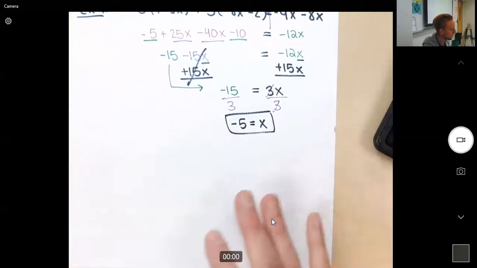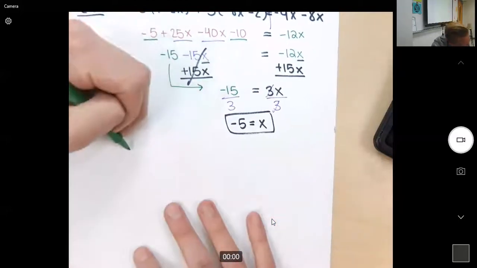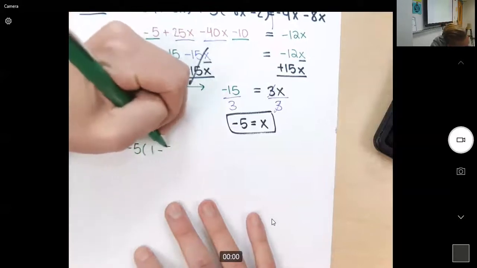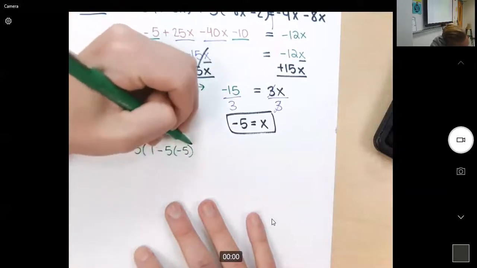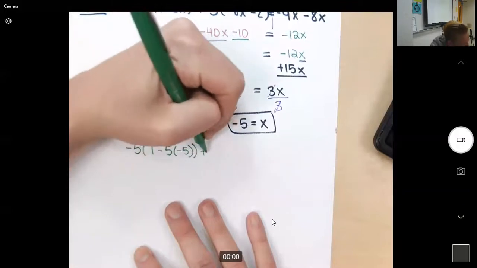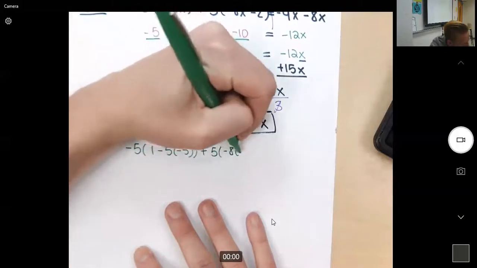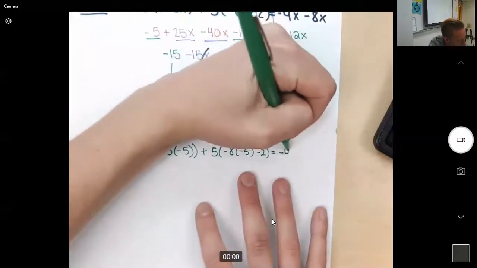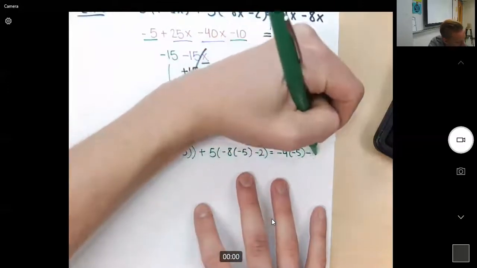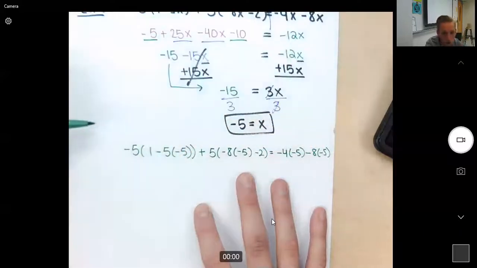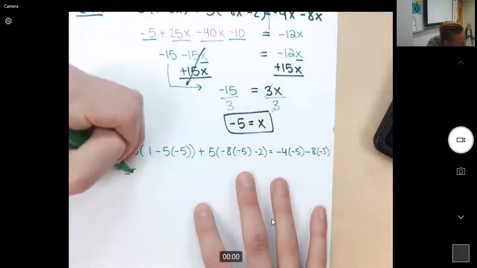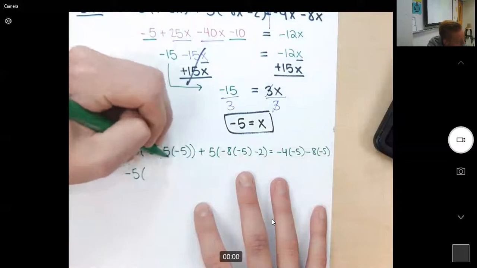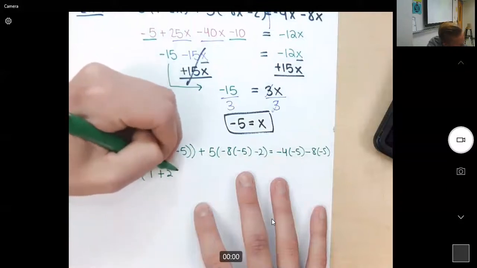All right, and last but not least, let me check my answer. So negative 5 times 1 minus 5 times negative 5 plus 5 times negative 8 times negative 5 minus 2 is equal to negative 4 times negative 5 minus 8 times negative 5. All right, lots to go on through here, so let's just take it one by one. Negative 5 times negative 5 is 25.